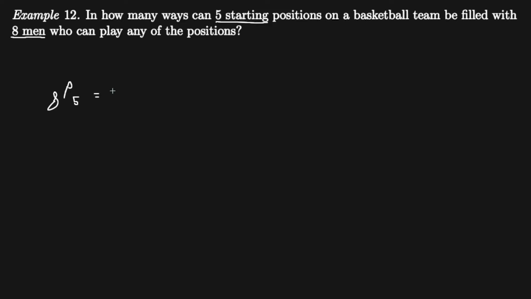This is basically the permutation formula, which is 8 factorial on the top, and then we have 8 minus 5 factorial.